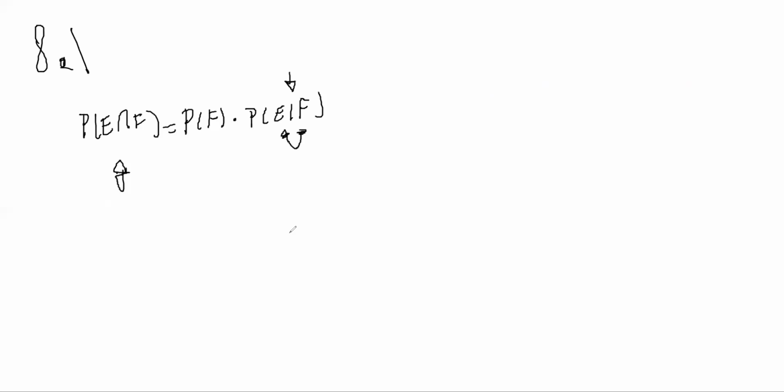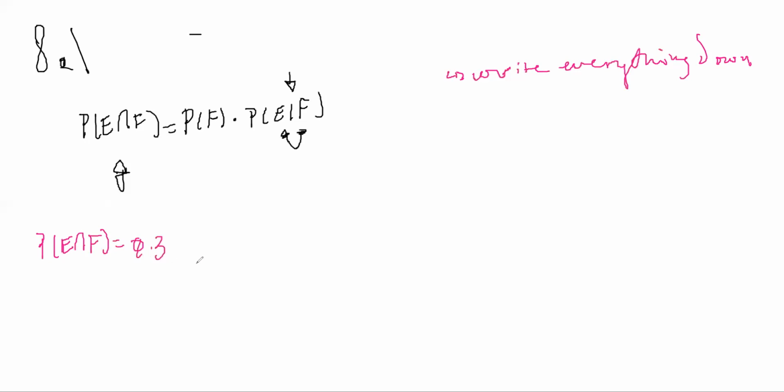And for this section, I would recommend that you write everything down. If the probability of E intersecting with F is equal to 0.3, then write it down and make a list of all of the probabilities you know so that you don't get confused or lost.